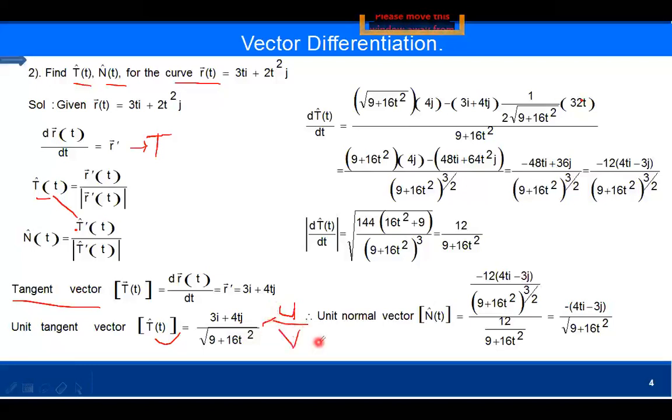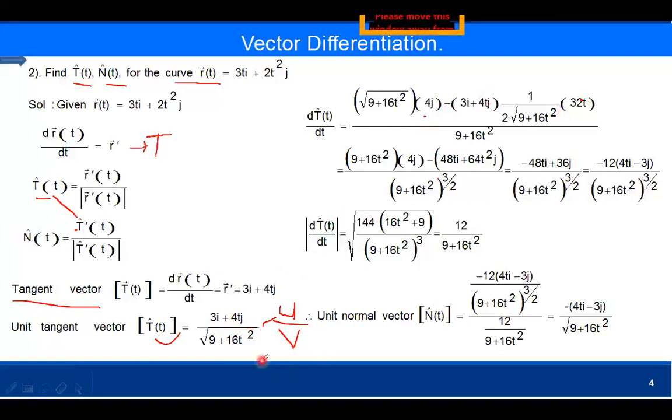So v, that means root of 9 plus 16t square, into the derivative of this function with respect to t. The constant's derivative is 0, derivative of t is 1, so 4j, minus u, that means 3i plus 4tj, into the derivative of v.